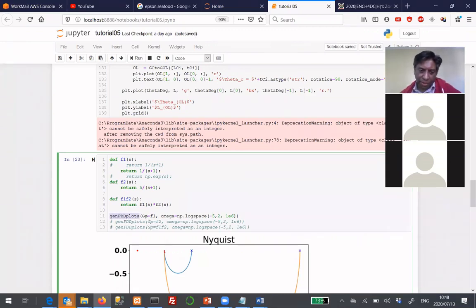We specify GP equals f1, so the function we created. And we can provide a range of omega values. So a log space means we are starting at a very small value of omega, and we are going up to a value of 100 and using 1,000,000 data points.